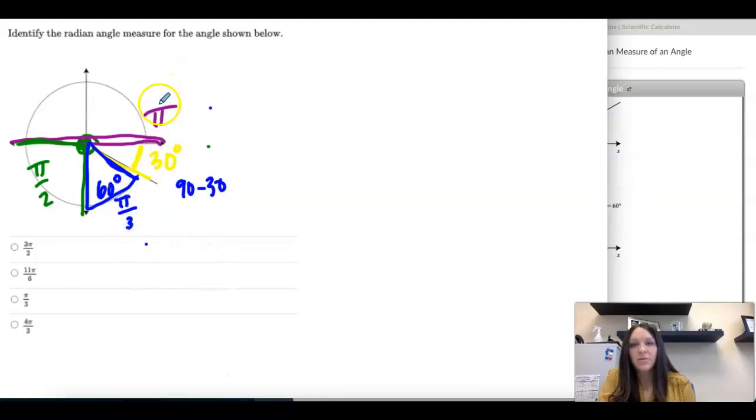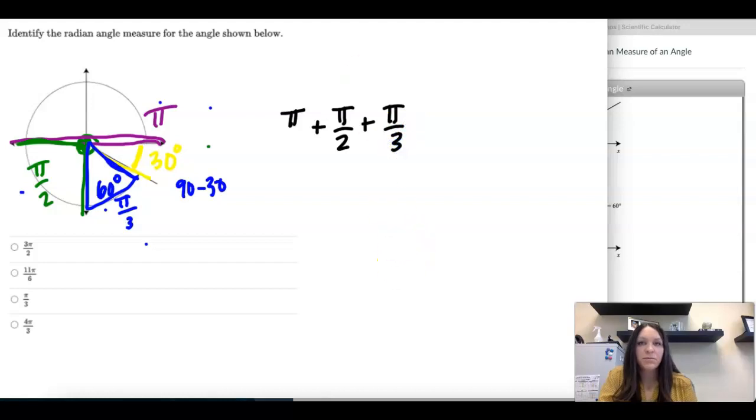So I have to add these 3, and you'll get to the point where you'll probably just know what that is, but we're going to add them. And I'm going to write pi as pi over 1.